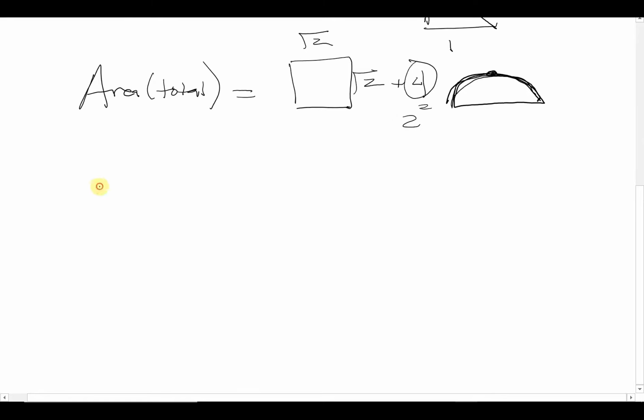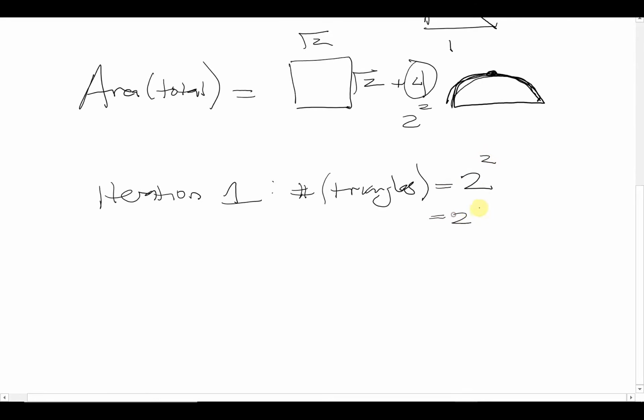So iteration 1, we have number of triangles equals 2 to the 2 squared, so equals 2 to the 1 plus 1 power. If we have iteration 2, number of triangles is 2 to the 3 power, which is going to be 8, and so forth.